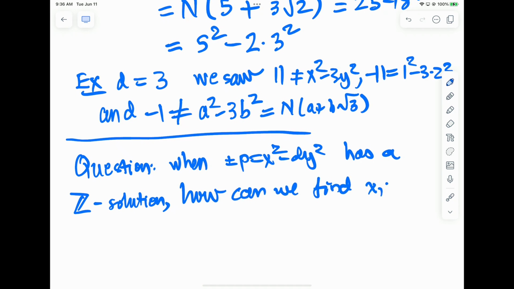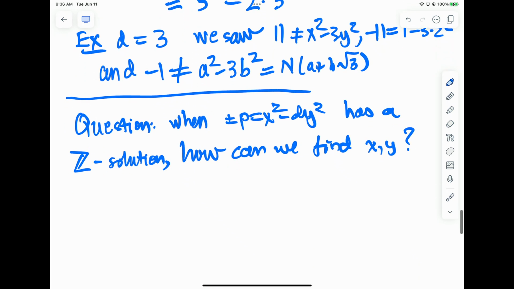How can we find the x and the y? In fact, we can just even consider this. You don't have to have plus or minus a prime, just any number.